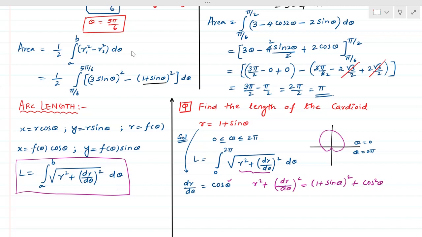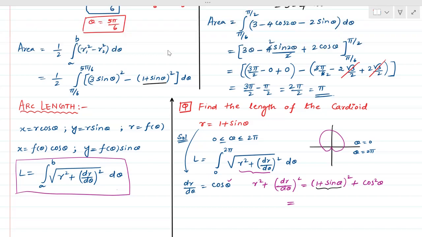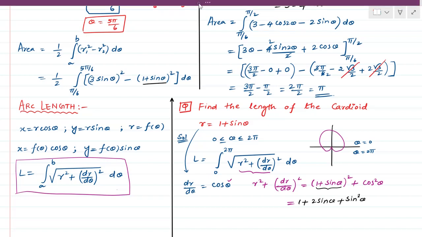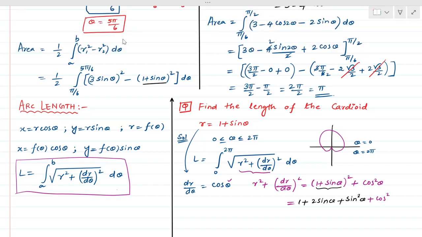Now in order to simplify this one, I have to expand this part. The expansion of 1 plus sine theta whole squared is 1 plus 2 sine theta plus sine squared theta, and we have the cosine squared theta as it is. Now we know the identity sine squared plus cosine squared is equal to 1. So 1 plus 1 equals 2, plus 2 sine theta.